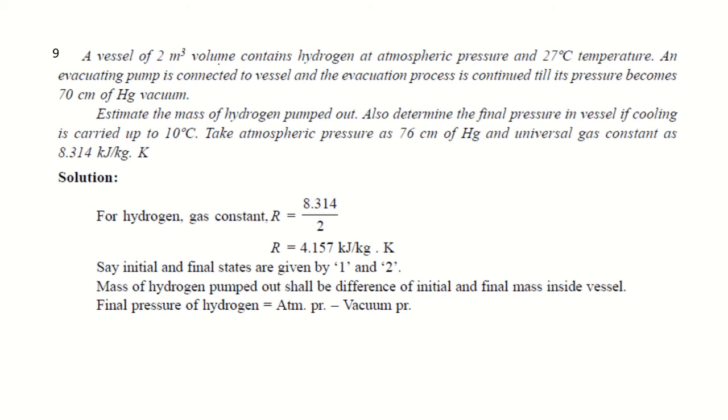A vessel of 2 meter cube volume contains hydrogen at atmospheric pressure and 27 degrees Celsius temperature. Atmospheric pressure, we know, is 1.01325 bar. An evacuating pump is connected to the vessel and the evacuation process continues till its pressure becomes 70 centimeters of mercury.